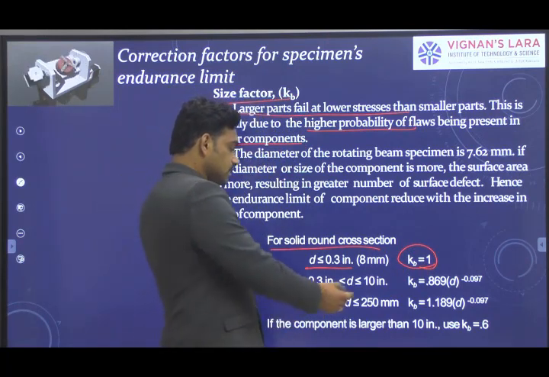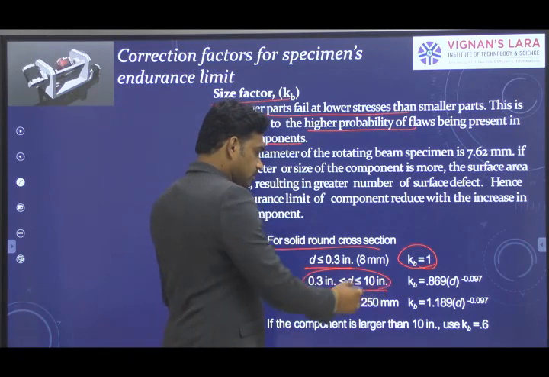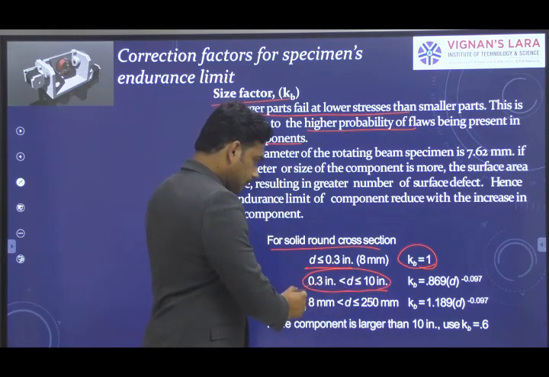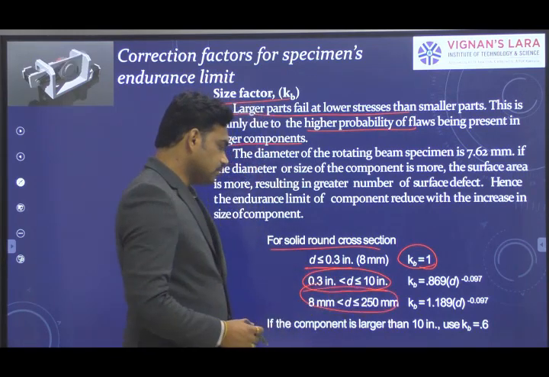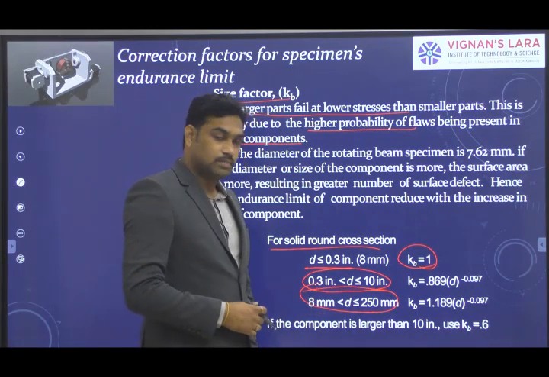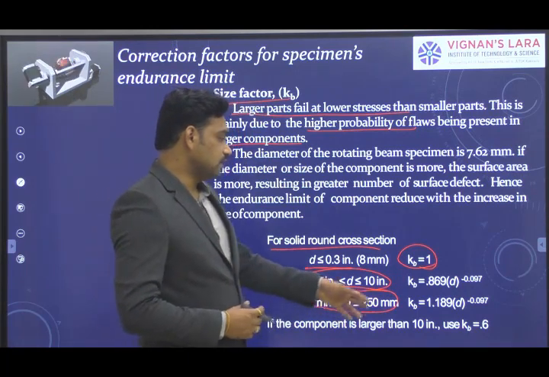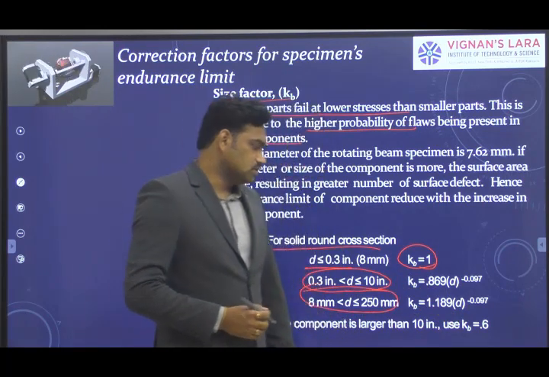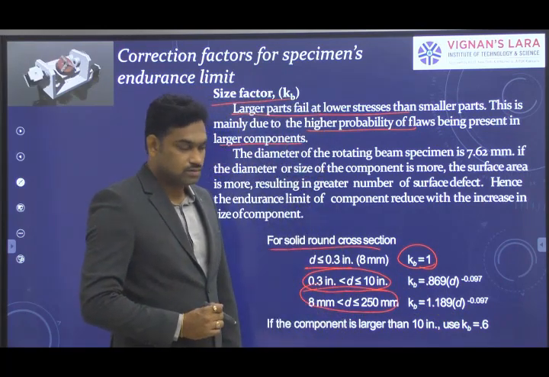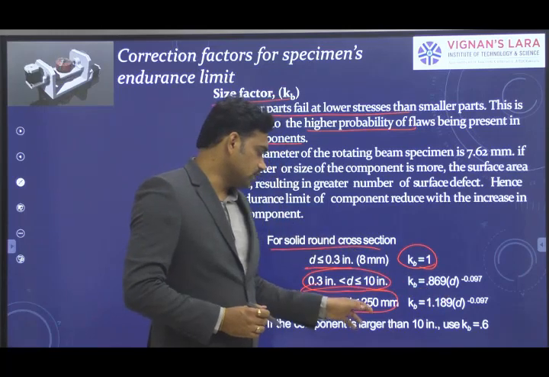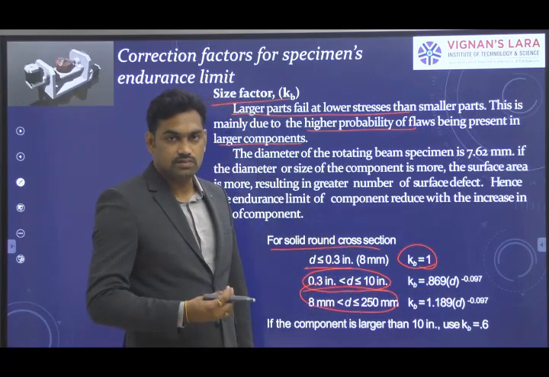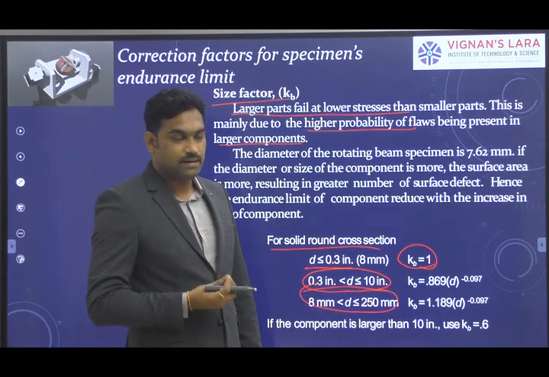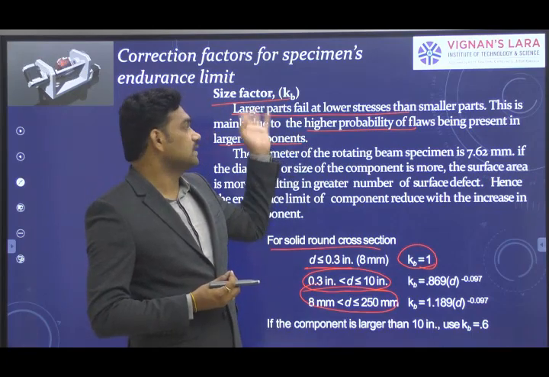But whenever the diameter increases from 8 mm to 250 mm, this Kb can be taken as 1.189 D to the power minus 0.097, where D is the diameter, and using that you can get the value of Kb, that is the size factor.